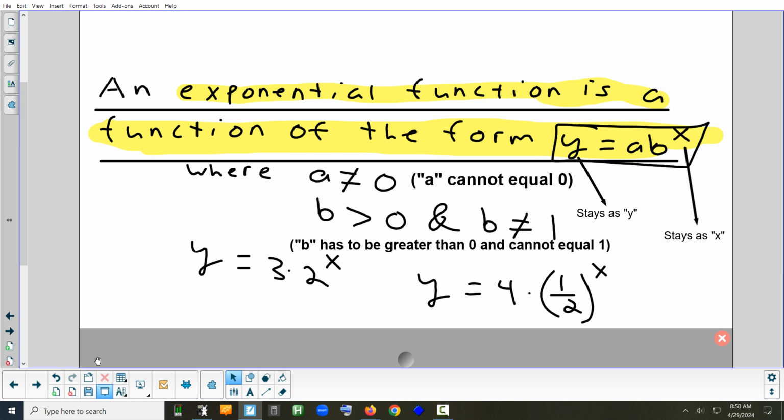So there's the y equals 3 times 2 to the x, and y equals 4 times 1/2 to the x. Anyone think they know which one of those is growth? The 3 times 2 to the x. Yes. They're both exponential, but this one is the one that's going to curve up as you go to the right.